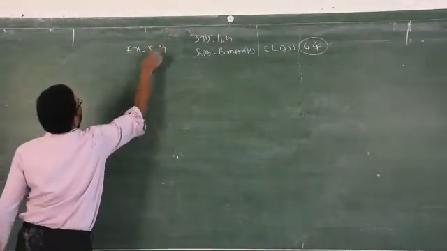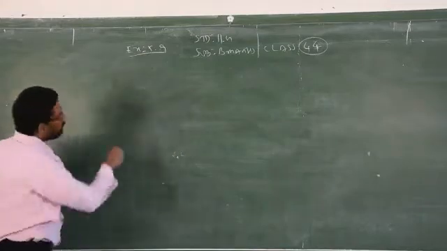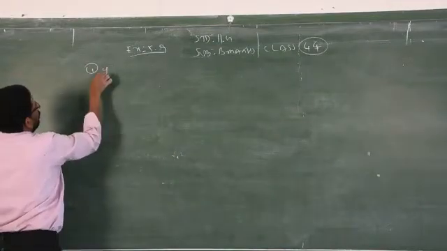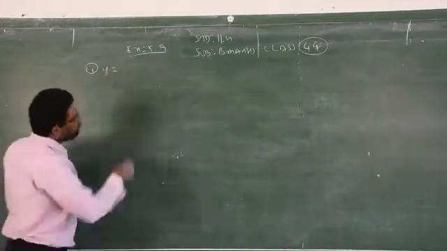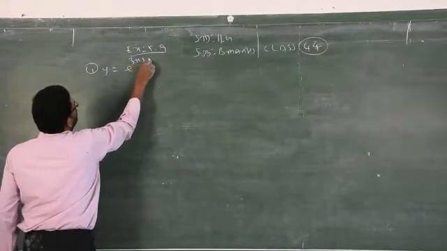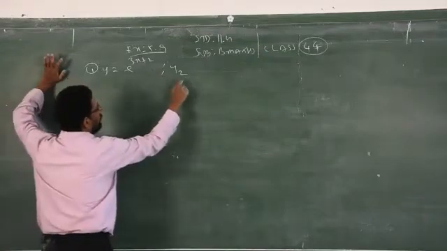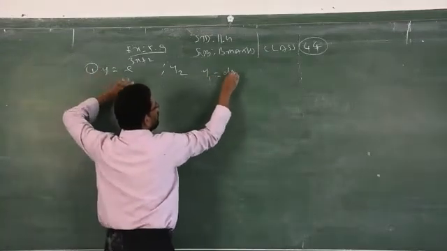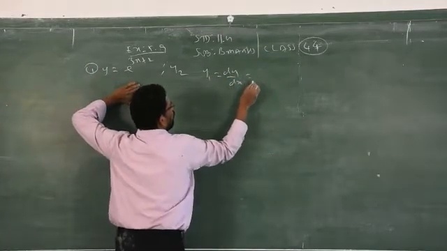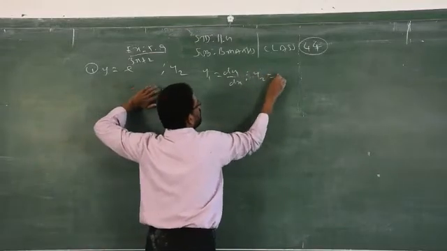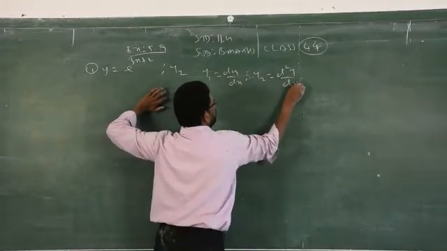Exercise number 5.9, question number 1. We have y is equal to e power 3x plus 2. You are asked to find y2. What is meant by y2? y1 stands for first order. Clear. y2 stands for second order.